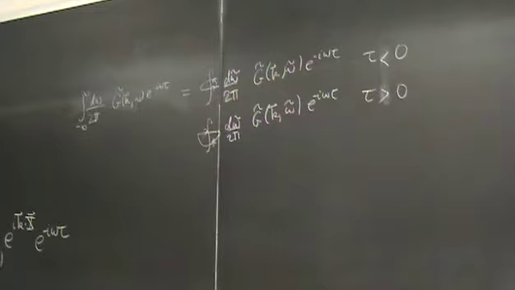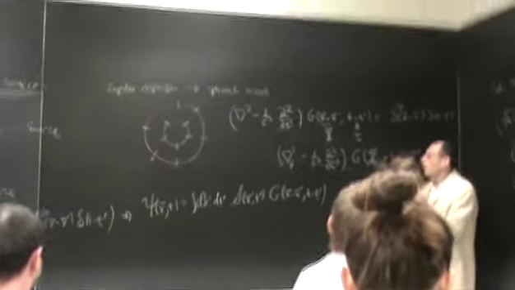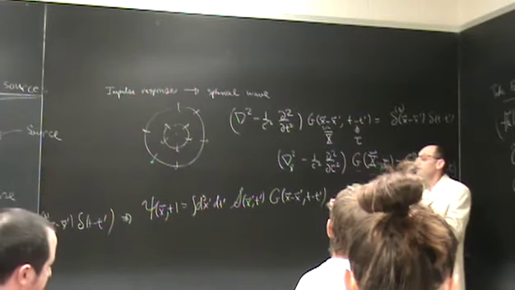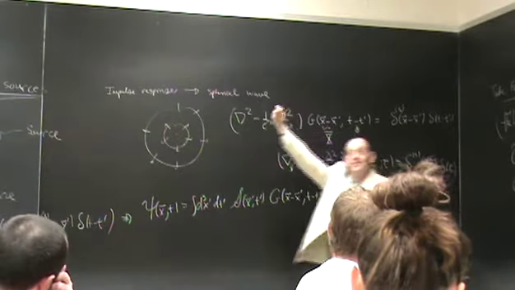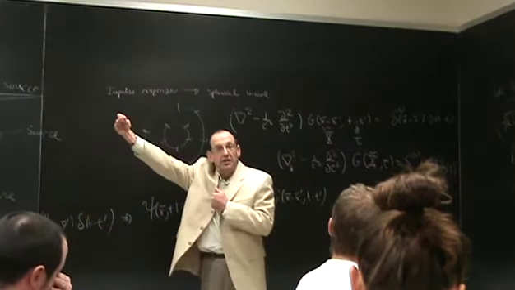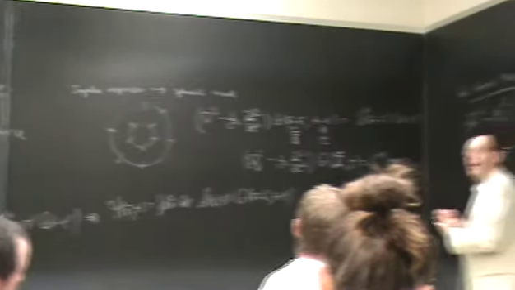So, causality would tell us we expect, if we're talking about what the wave is due to sources, that this Green's function is causal. We want to know what is the wave that we see at some time due to what the sources were doing at an earlier time.